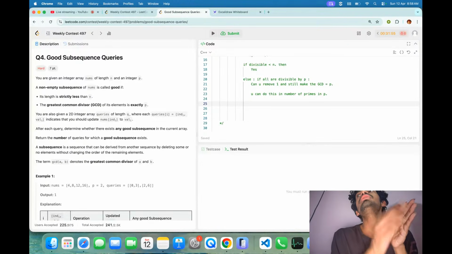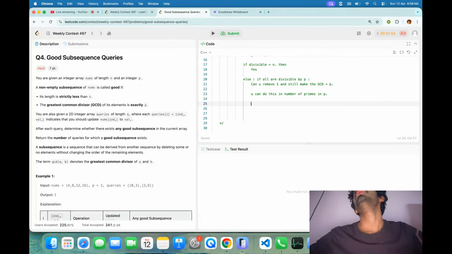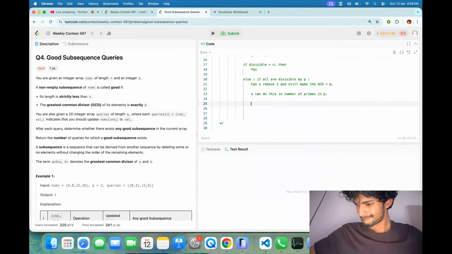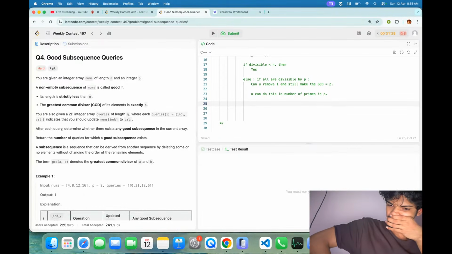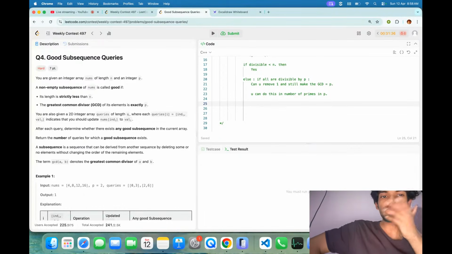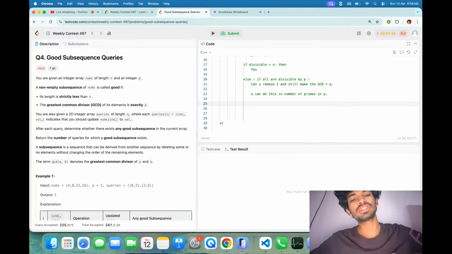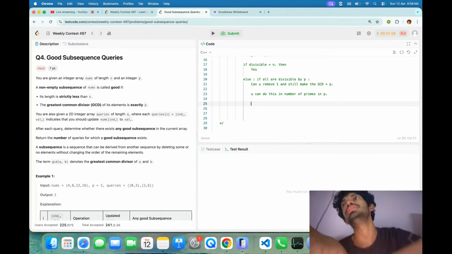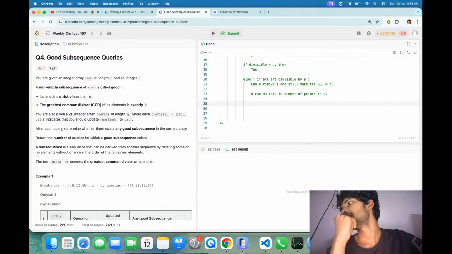And then you try to see how can you remove something and then check quickly if the GCD is still P or not?